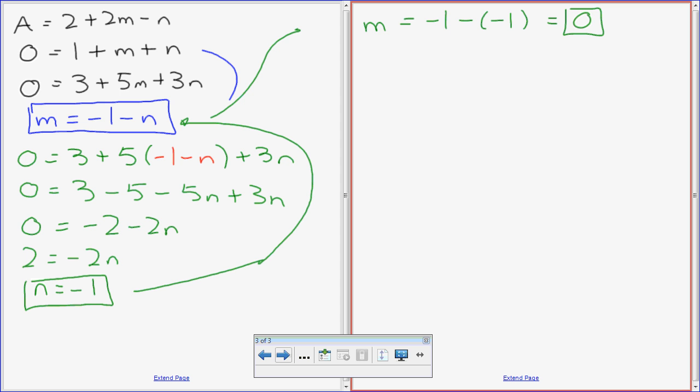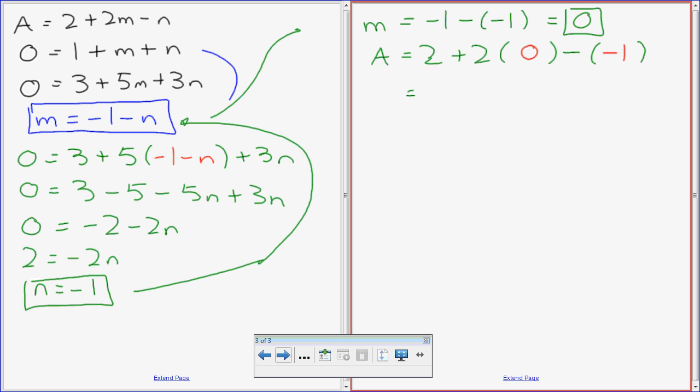Okay, so now, final step here. Austin, how do I get my A value finally? I have my m and my n. Yeah, so I'm going to say A equals 2 plus 2 minus, so my m was 0, and my n was negative 1.